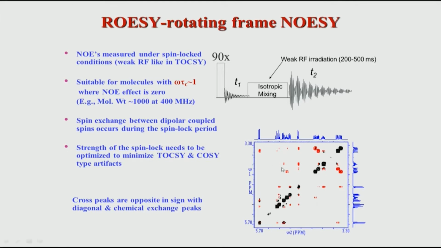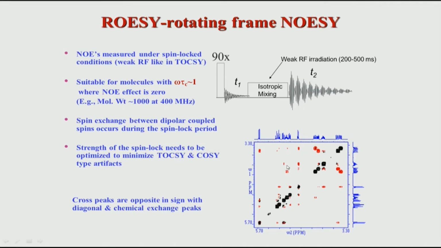Remember we saw that the intensity increases with mixing time to some extent. So, if the intensity of a cross peak keeps on increasing as I vary the mixing time, then I can say that peak is coming from the direct NOE effect. But if the intensity of the peak does not vary with mixing time, or it decreases, then I will say it is an indirect NOE effect, that is a spin diffusion peak. For a spin diffusion peak, the intensity does not increase proportionately with mixing time.